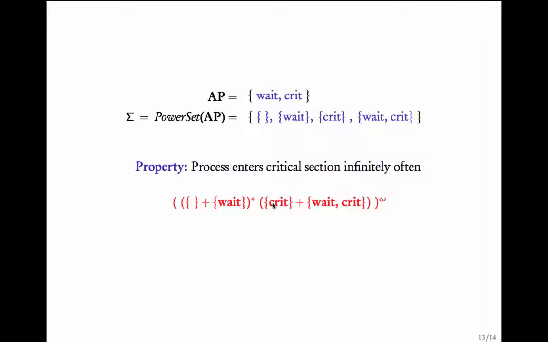Here we need these two to occur infinitely often, so you can see this and this sum for some finite length, and then you should see one of these, and again you can see some finite length word in this, and then you should see this, and so on. So this is how you can specify properties, which are just languages of infinite words. And if you are able to come up with an omega regular expression for the property, it means that the property is omega regular.